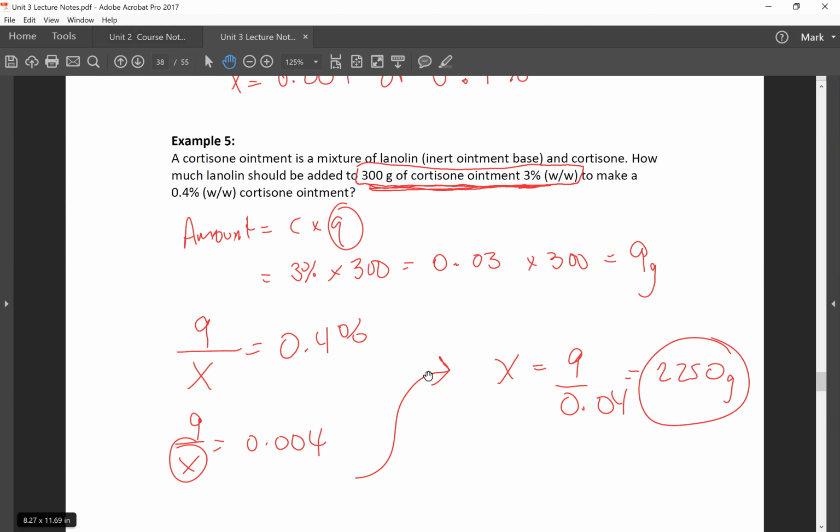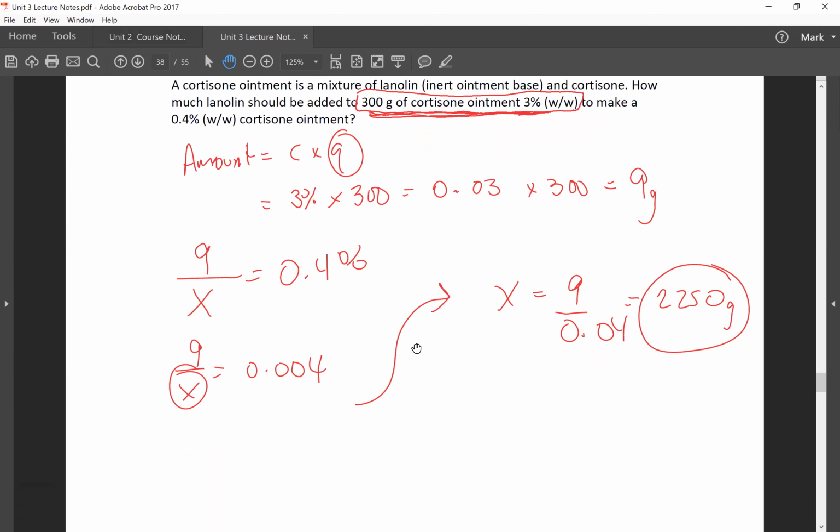This is a tough question actually, it doesn't really follow any of the formulas. The problem with this question is it's how much lanolin do I add to make this? Well, I already had 300 grams, and I'm going to make it up to a final amount of 2,250.